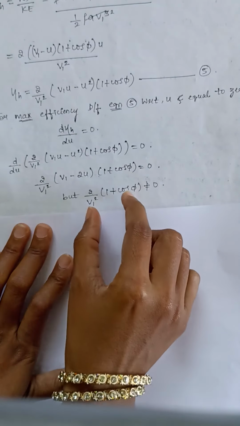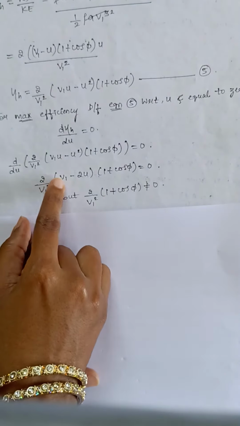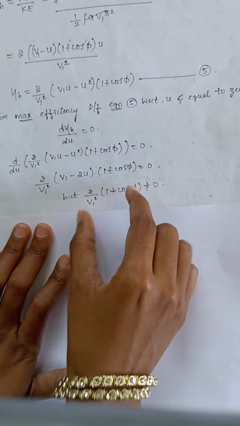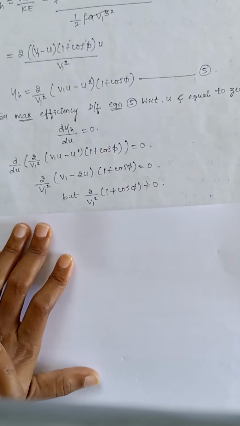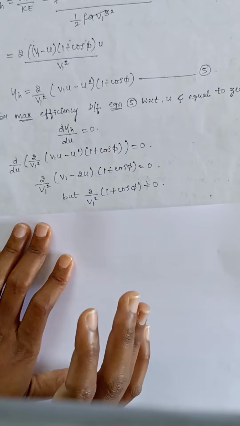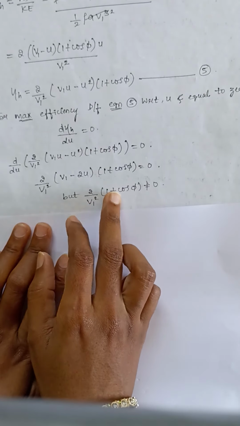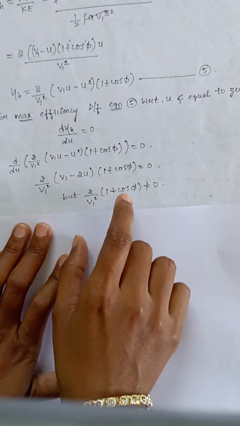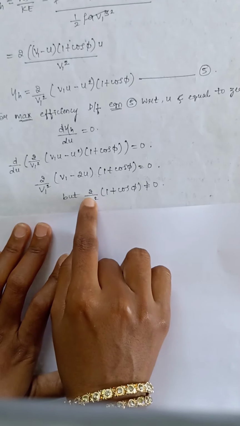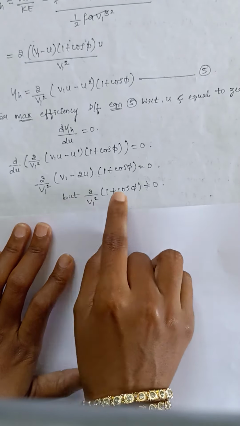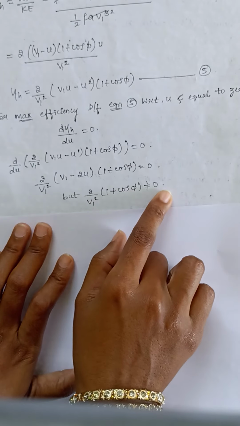If you take this as a single term and the second term as V1 minus 2U, then wherever you have the term phi, you cannot equate that term to 0. If you equate that to 0, you will not get the efficiency at the end. The whole equation will become 0. So, we just can't take 2 by V1 square of (1 plus cos phi) equal to 0.